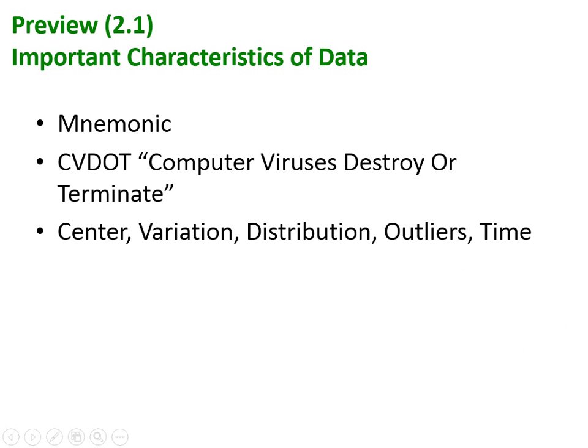Because when you have thousands of pieces of information, you don't have time to look at each piece individually. You're trying to look at the overall. What kind of conclusions can we come to? And looking at the center, the variation, the distribution, the outliers, and how it's changed over time are things that we'll look for.